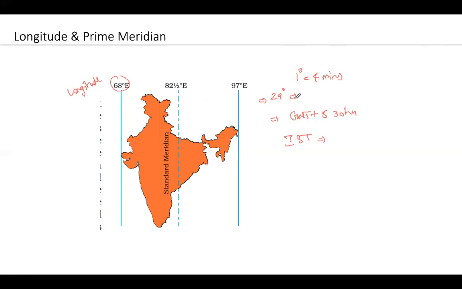So when it is 12 a.m. in London, it will be morning 5:30 a.m. in India. Okay, the IST time will be 5:30 a.m. So this is the thing we need to remember in this latitude, longitude and Greenwich meridian. Thank you.